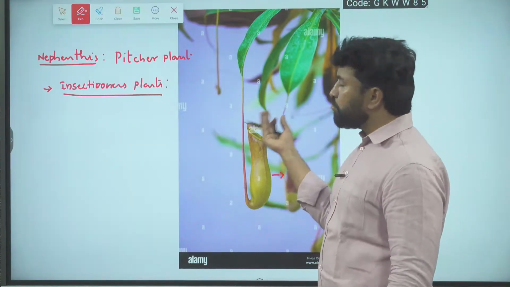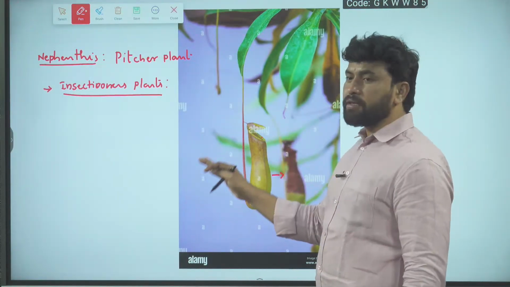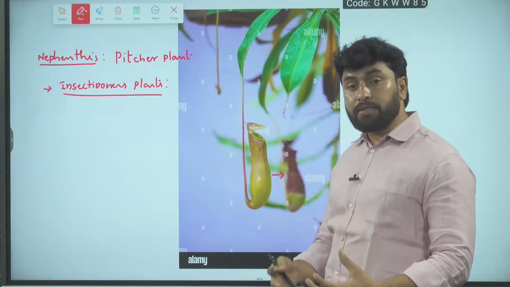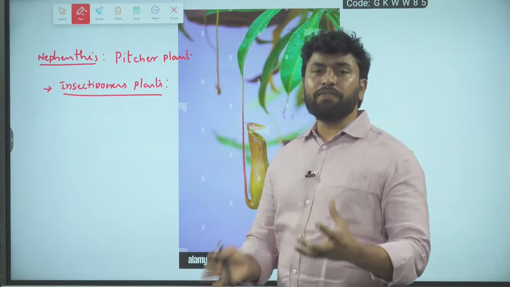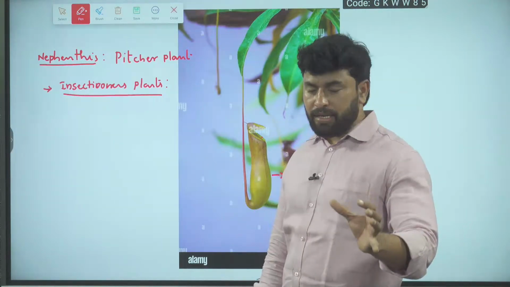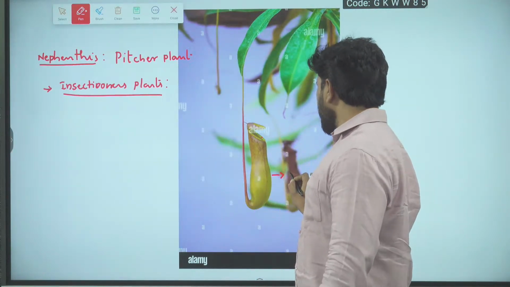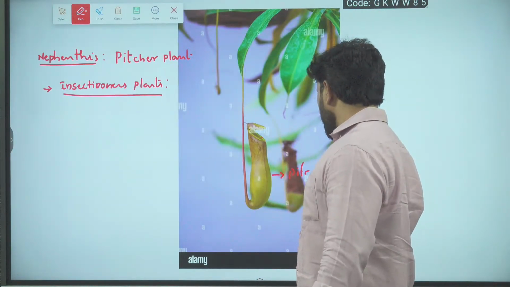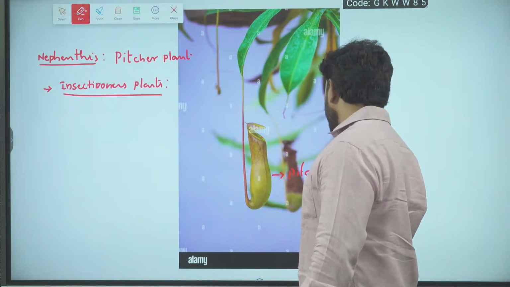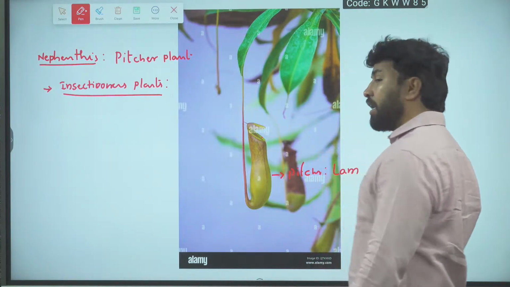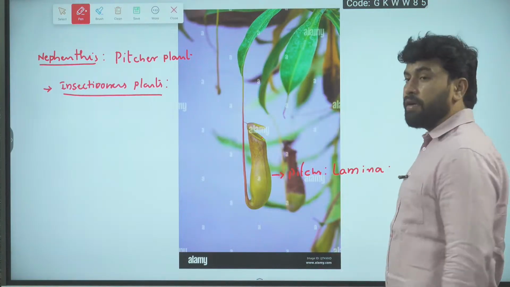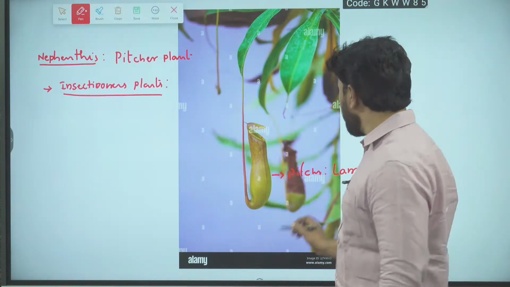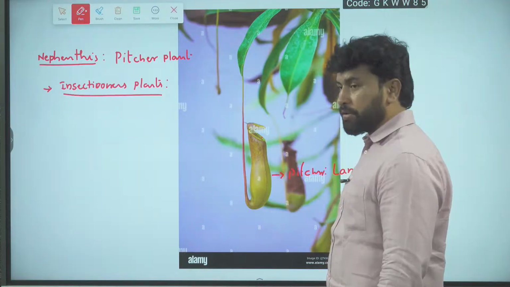But when it comes to modification, what are the parts of the Nepenthes, the so-called pitcher plant, that have been modified into pitcher and other organs? See, this is the pitcher. The pitcher is nothing but lamina. The lamina of the leaf has been modified in the form of a pitcher.